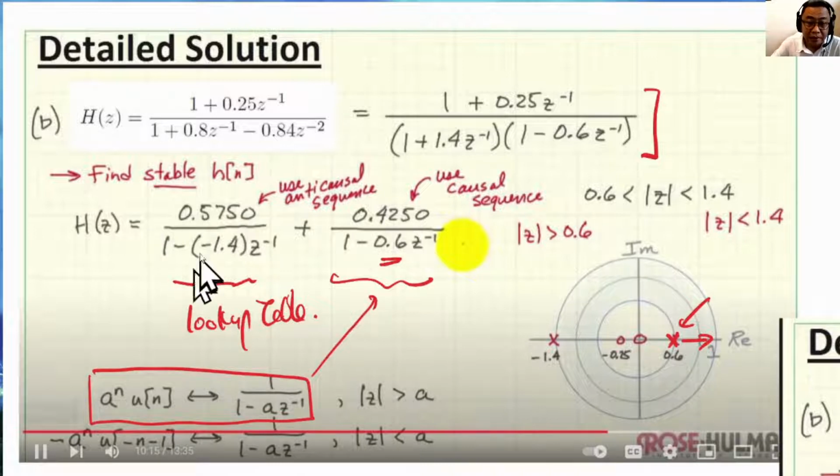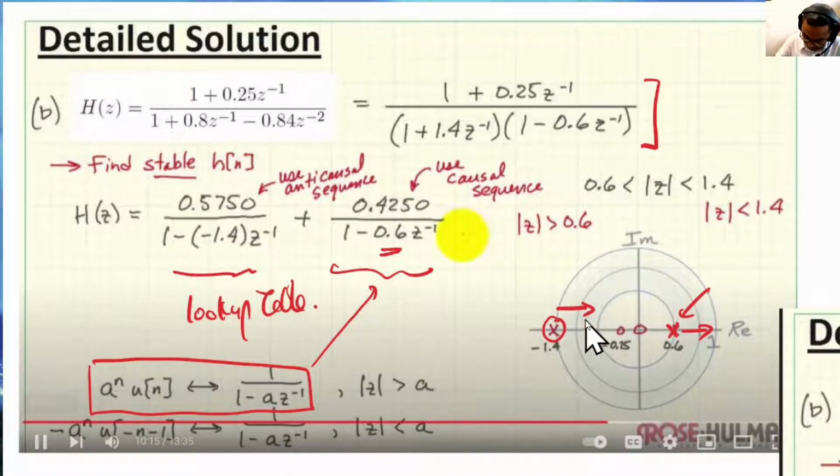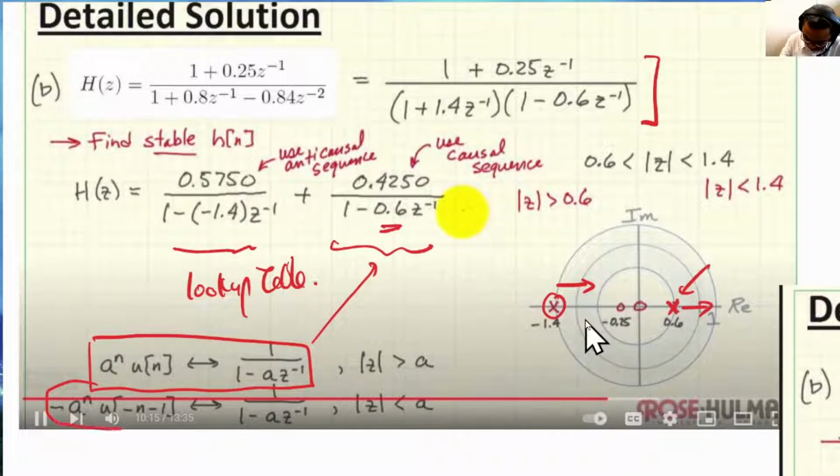Now the other case is we have a pole at minus 1.4. Now the ROC needs to extend inwards so that the ROC will intersect with the other one, so that the unit circle will be part of the ROC. When it extends inward, it becomes an anti-causal sequence, like here at the bottom.